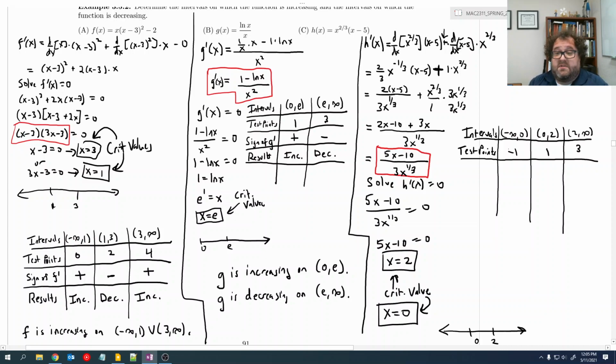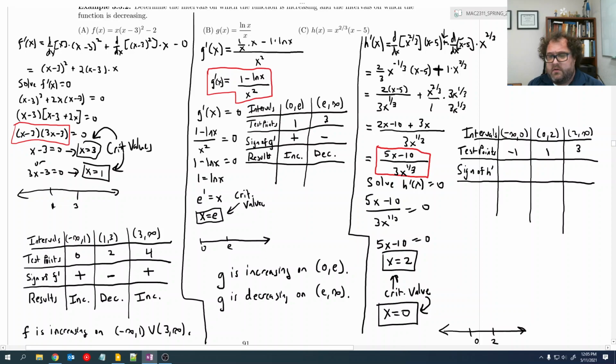That's a number that lives in negative infinity to 0. But again, we want to pick numbers that are easy to calculate with in our head. Okay, so now what we do is we look at the sign of the derivative h prime. So I have the derivative boxed off there in red.